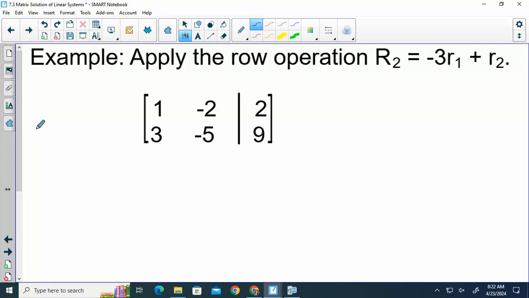So here is an example. We're going to practice some individual row operations. So I want to do the row operation: Row 2 equals. So we start out, it'll usually be a capital R telling you which row you're changing. And then it'll tell you how you change it.